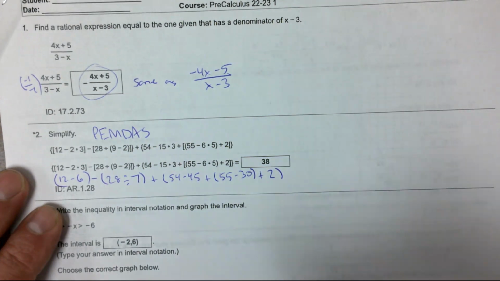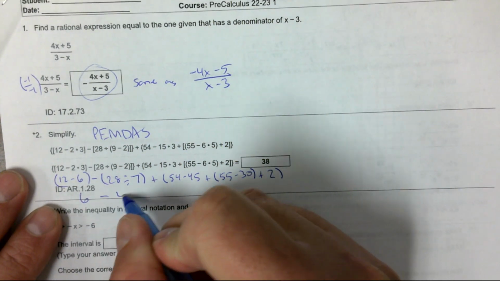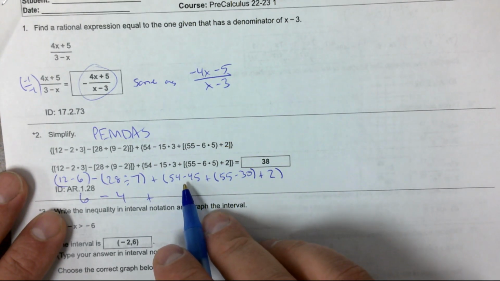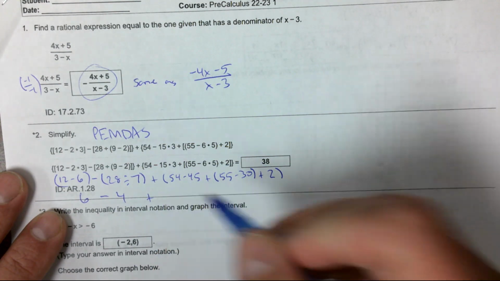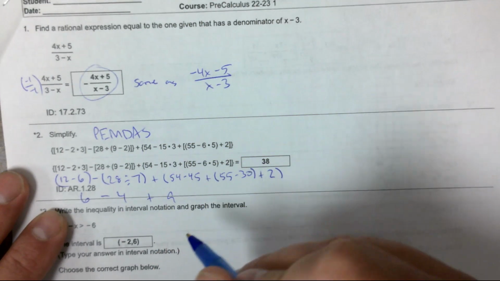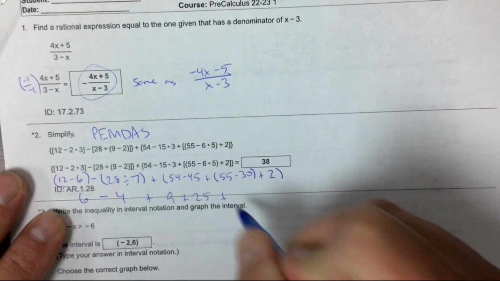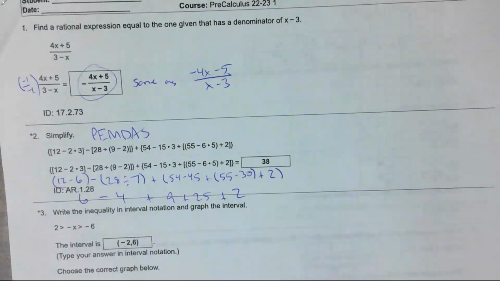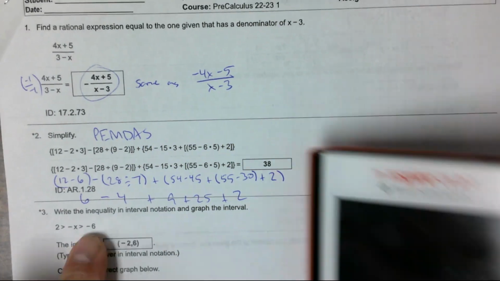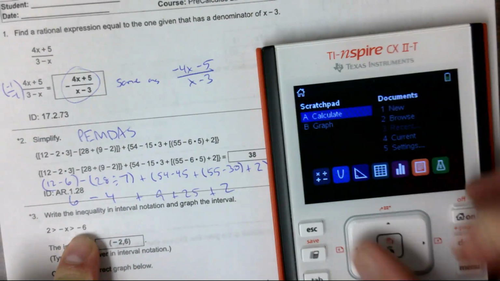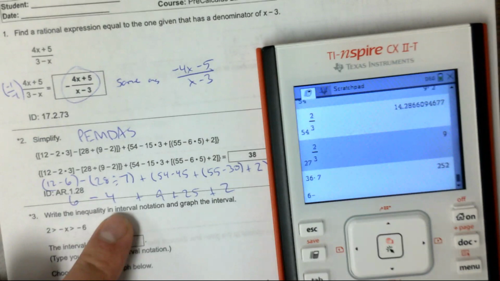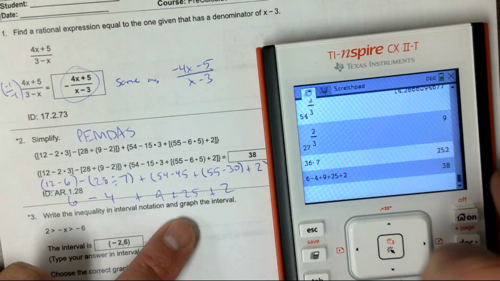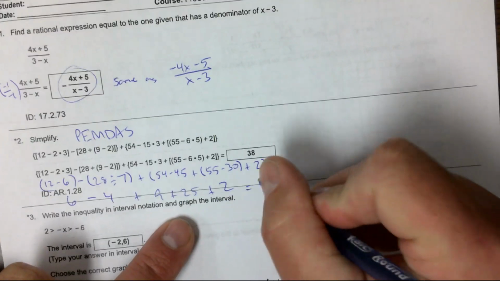So this would be 6 minus 4 plus, this looks like that'd be 9 plus 25 plus 2. And so let's just add those together. 6 minus 4 plus 9 plus 25 plus 2, that gives you 38, which is what the answer is.